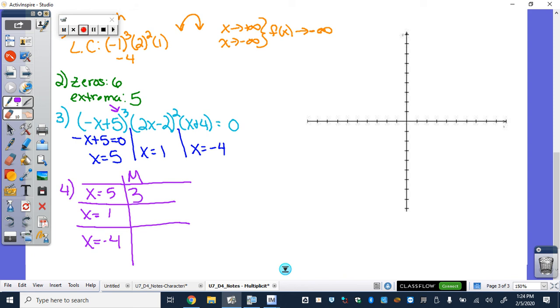So since it has a multiplicity of 3, is it going to cross or bounce? Cross. And it'll wiggle a little bit as it does it. So then the x equals 1, what does that have a multiplicity of? 2. So will that cross or bounce? Bounce. And then the x equals -4, 1, so it will cross.